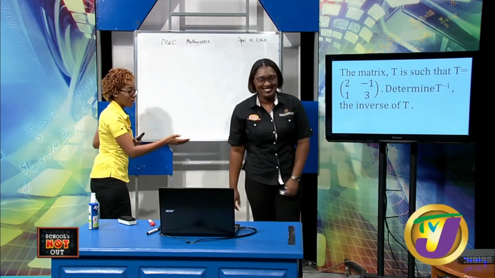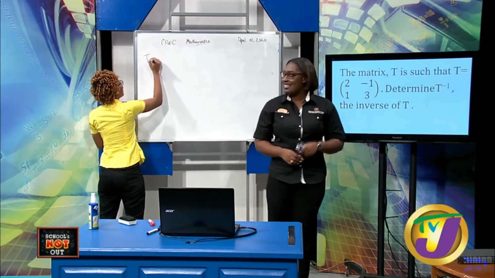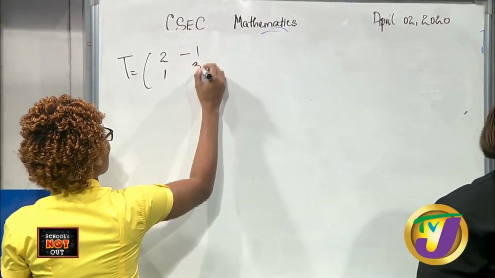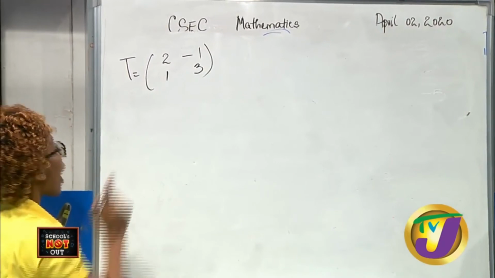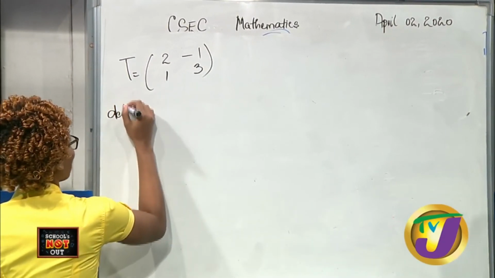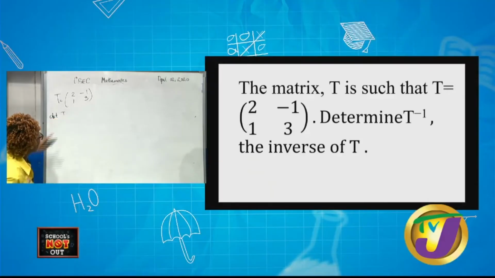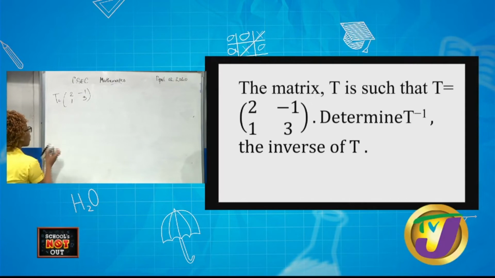Right. Good, so we're going to try this one now. So T is 2, negative 1, 1, 3. And we're going to find the inverse. So what are we going to start off with? Our determinant. All right, let's go. So remember, we don't only have to write the determinant of T like that. Let's write it a different way so you can be exposed to both ways.